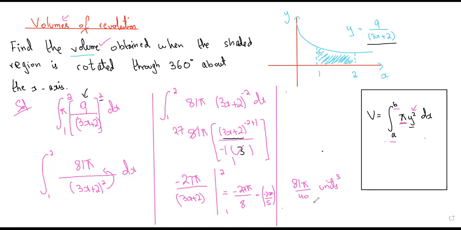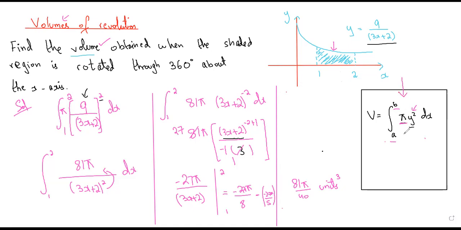Here we are using integration in order to find volumes of revolution. So why exactly is it volumes of revolution? Because we are rotating this shaded region through an angle of 360 degrees, that is one revolution. Once we are done with that, we get a 3D shape, and then we calculate the volume of that.